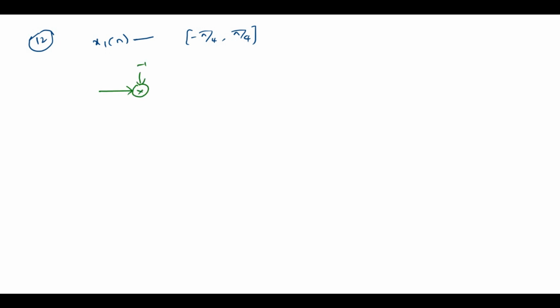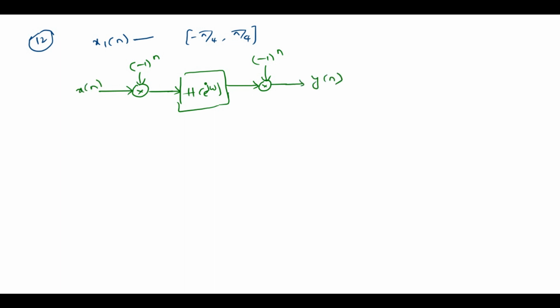Which is multiplied with minus 1 whole power n, which is a filter. After the filtered version, again it is multiplied with minus 1 whole power n. This is your response y of n, x of n. Let the first x of n be equal to x1 of n. Okay.